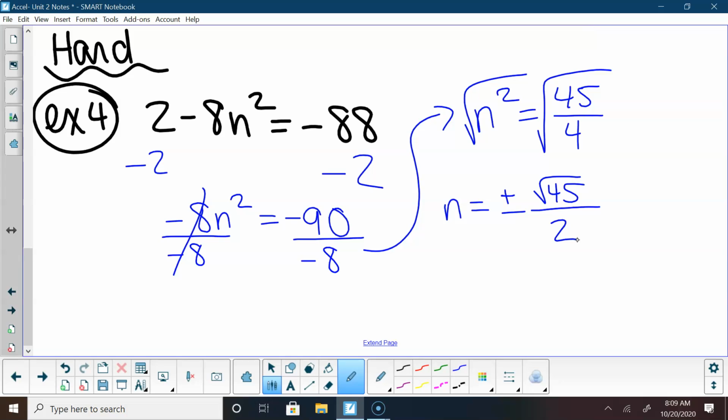Well, I got a negative over a negative, so I can leave it as positive. And then can I simplify out that 45? I can take a 9 out. Root 5 over 2.